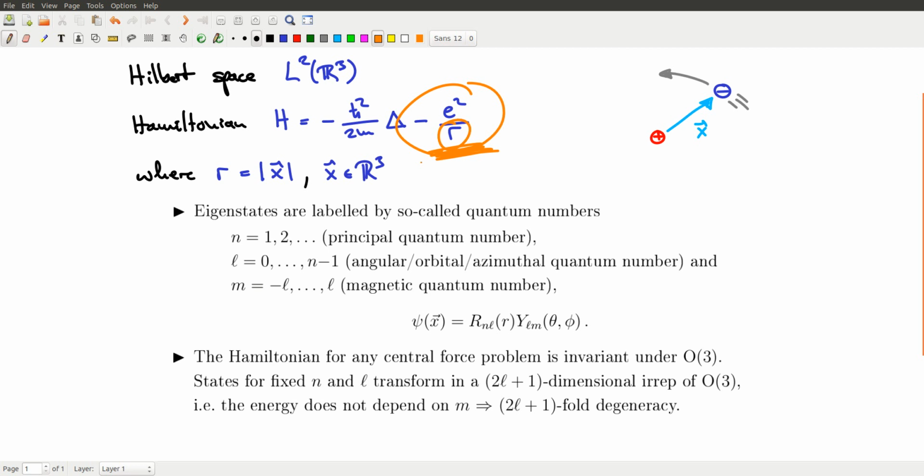So for all Hamiltonians where this term at the end only depends on r but not on theta and phi in spherical coordinates, we would say it's a system that's invariant under O3, under spatial rotations and reflections.